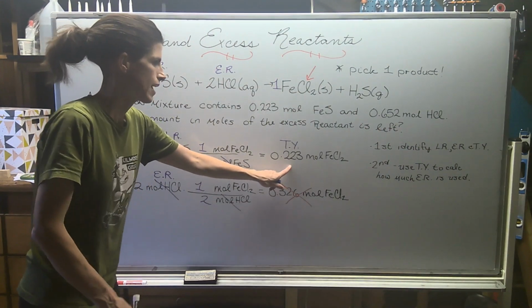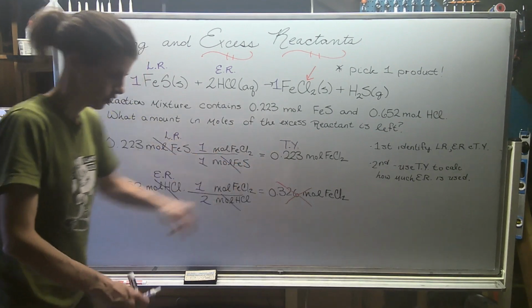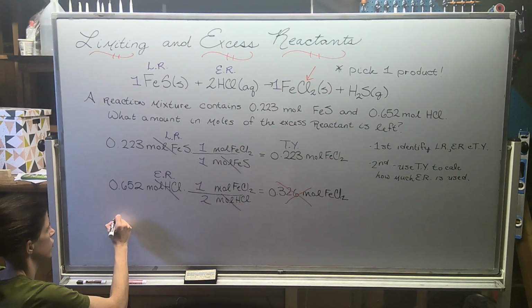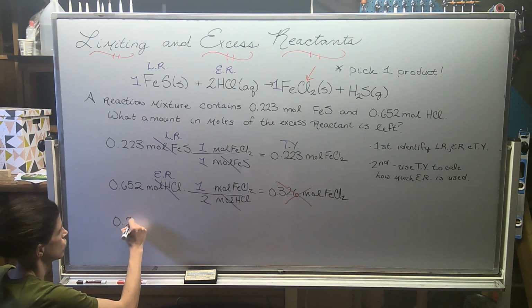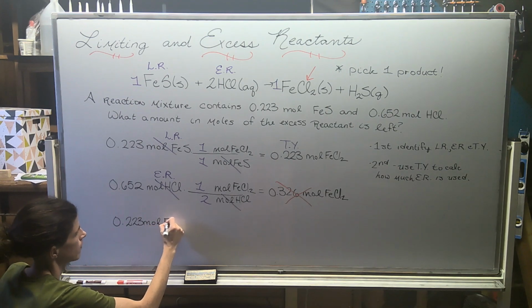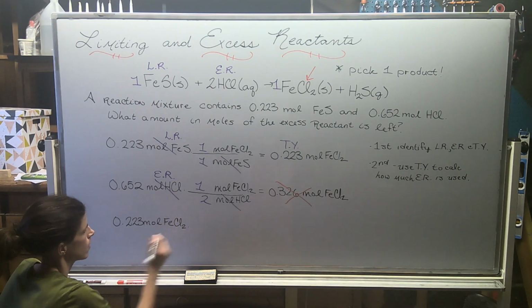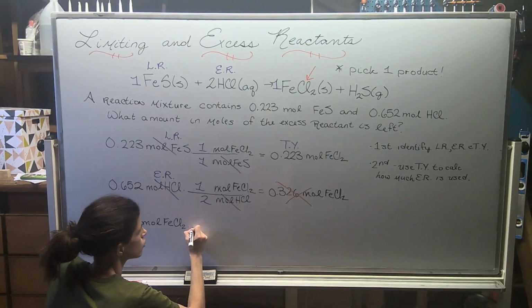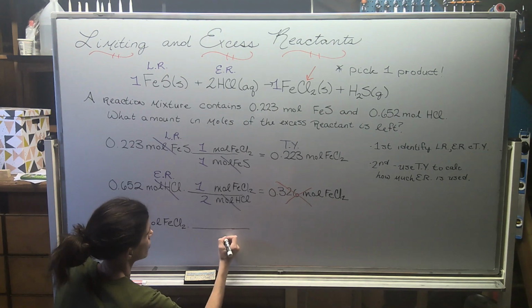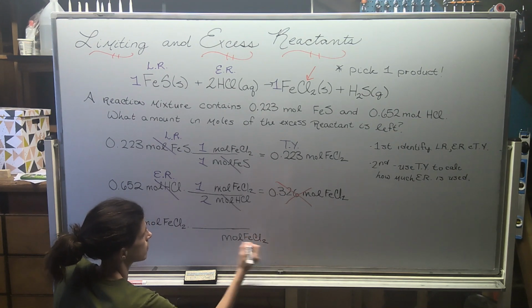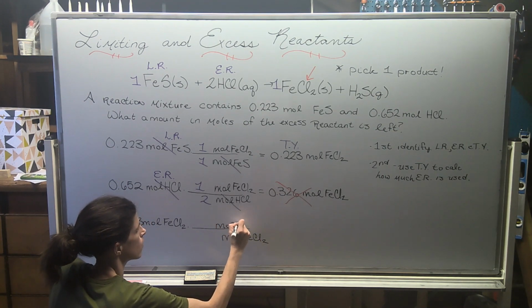So how do you do that? Take this theoretical yield value and set up a third dimensional analysis line. So I'm going to take my theoretical yield, the 0.223 moles of iron chloride. I'm trying to make 0.223 moles of iron chloride. How much hydrochloric acid do I actually need? So I'm going to get rid of moles of iron chloride and turn it into moles of hydrochloric acid.